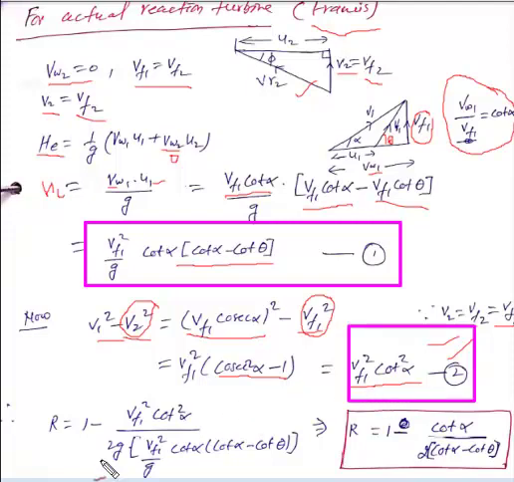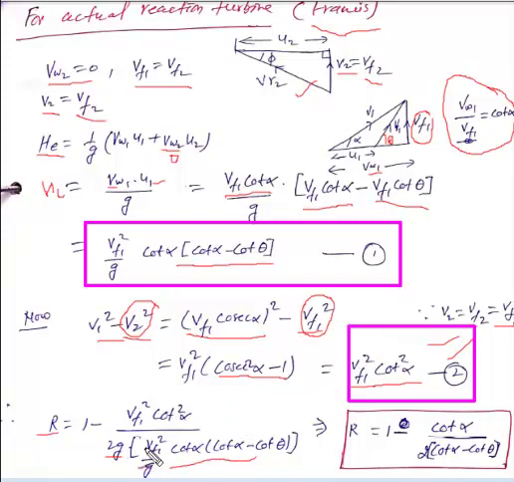Now putting the value in the degree of reaction equation, R is equal to 1 minus Vf1 square cot square alpha divided by 2G into the value of HE, which we get from equation number 1.